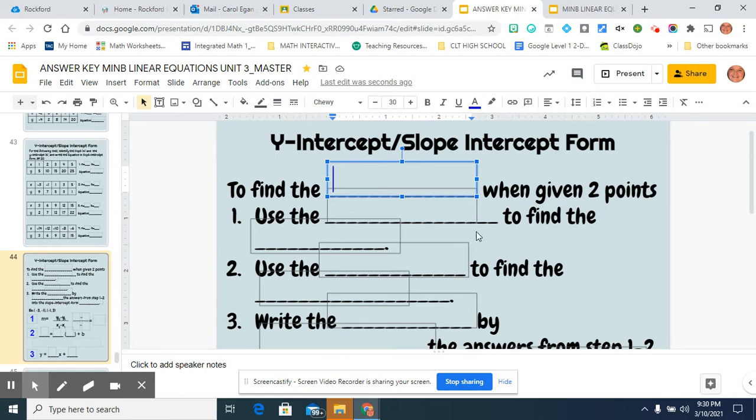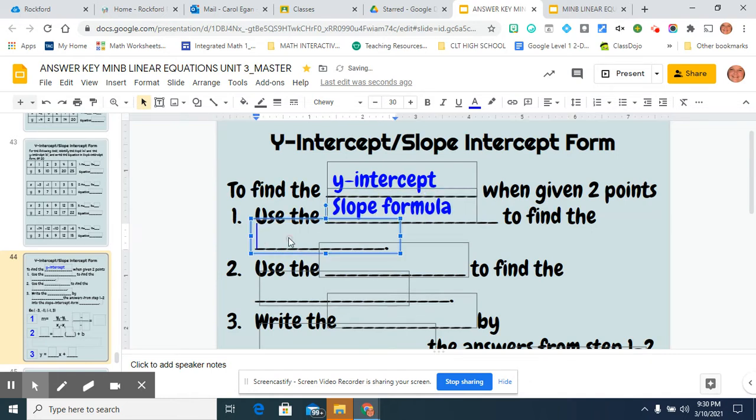So to find the y-intercept and give them 2 points, we are going to use the slope formula to find the slope, the variable we call m, and use the b method to find the y-intercept.